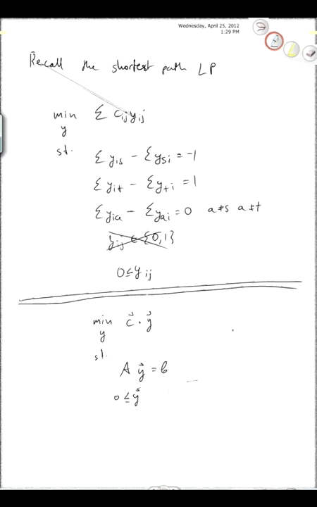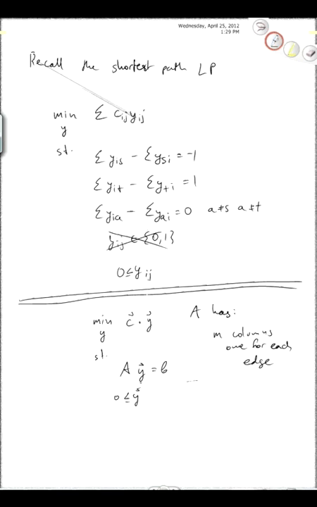First of all, the matrix A has m columns, one for each edge. How do you know that?